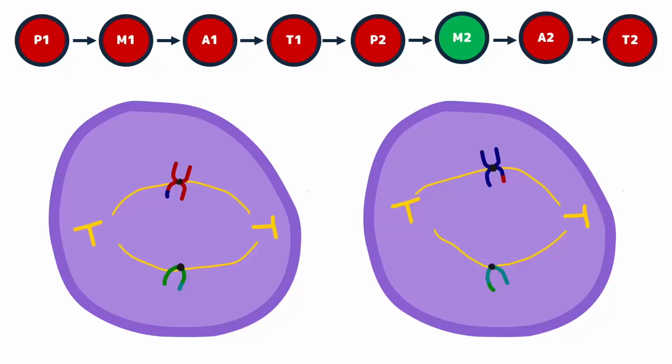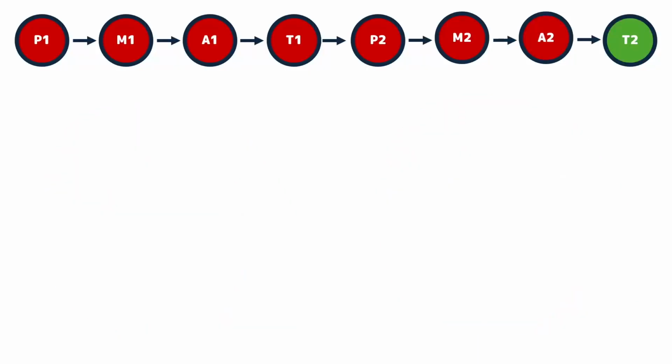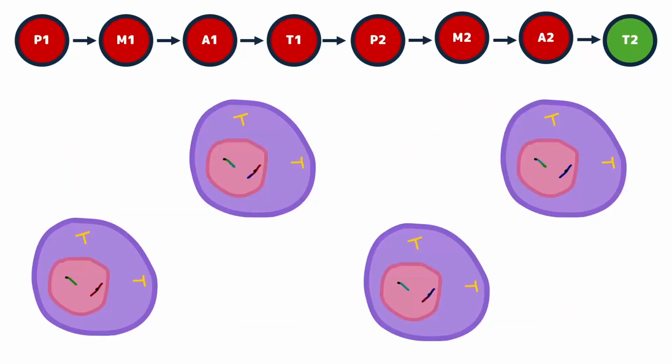And in metaphase 2, of course, the chromosomes align to the metaphase plate and they are connected to the microtubules. After that, anaphase 2 starts. Here the individual chromosomes are separated from each other to the opposite poles, and in the end, in telophase, we get 4 distinct gametes. And here meiosis 2 finishes.